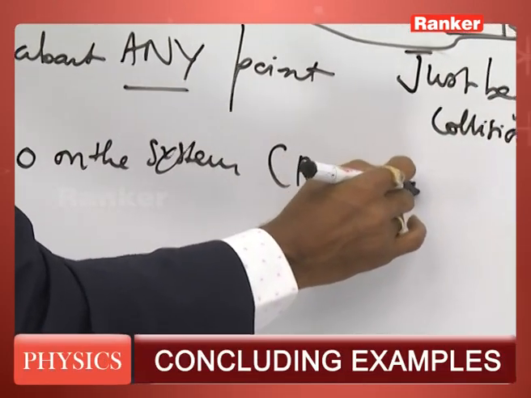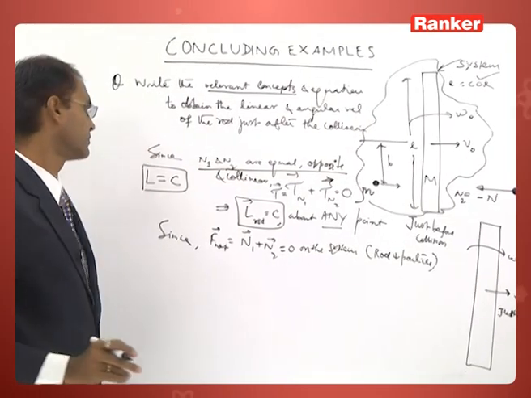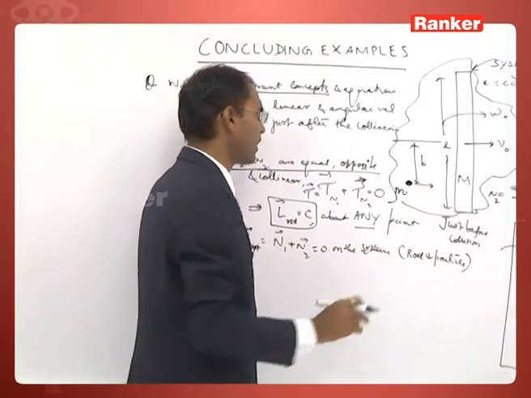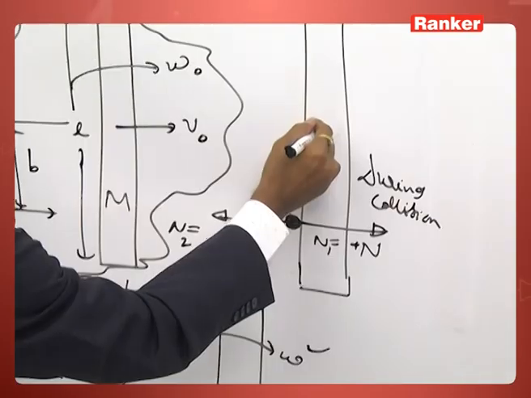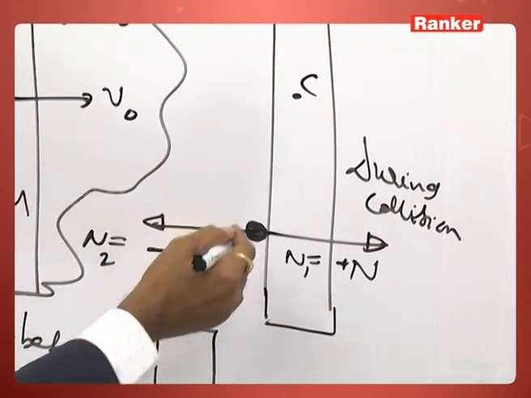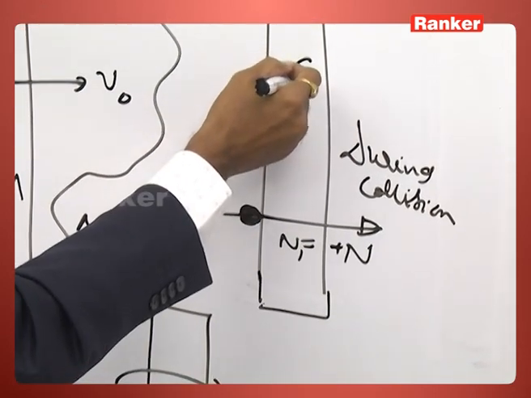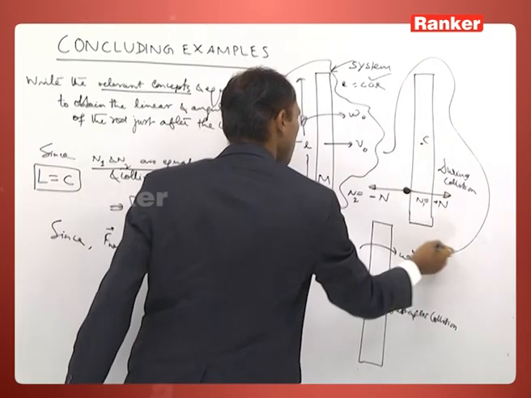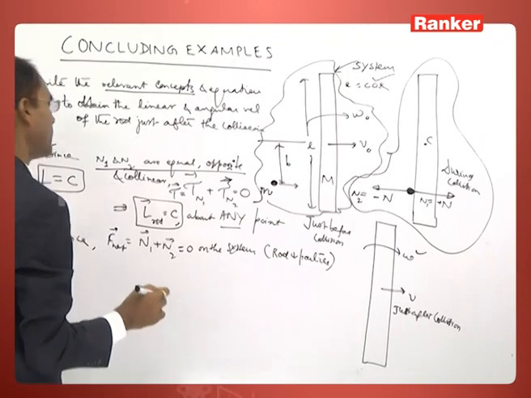Rod plus particle. Net torque acting on the system, rod plus particle. On the rod there is a net torque about any point, about the center of mass A. And the particle also experiences a net torque about the center of mass point. But if you take this as a system as a whole, rod plus particle, then the net torque will be 0 about any point.